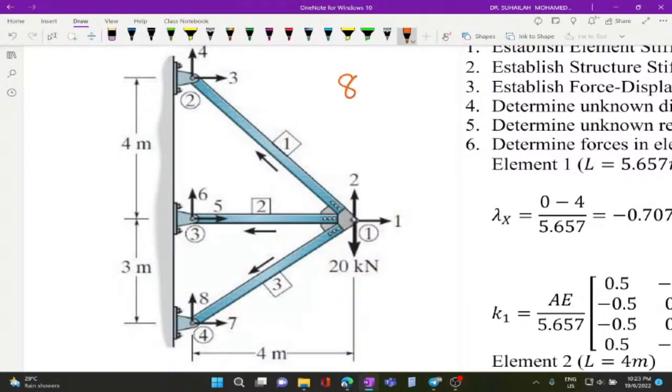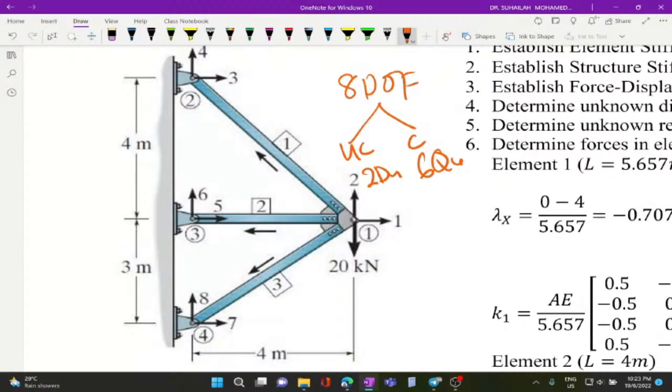So there are 8 degrees of freedom, divided into 2 systems, unconstrained and constrained. In the constrained system there are 6 QU, representing 6 unknown reactions, and under unconstrained there are 2 DU, unknown displacements. So the total is equivalent to 8.